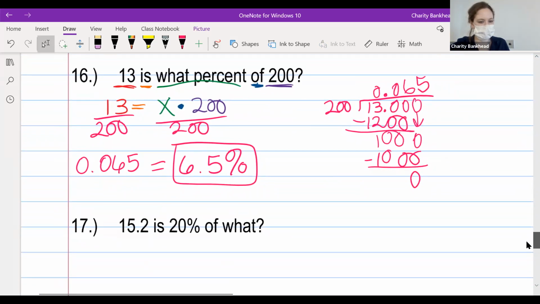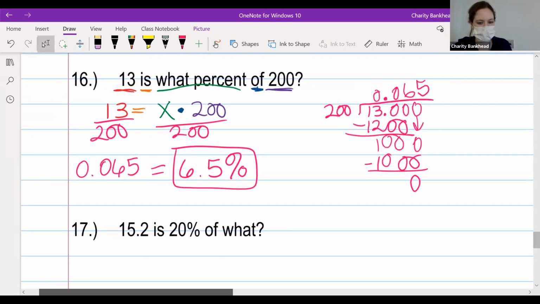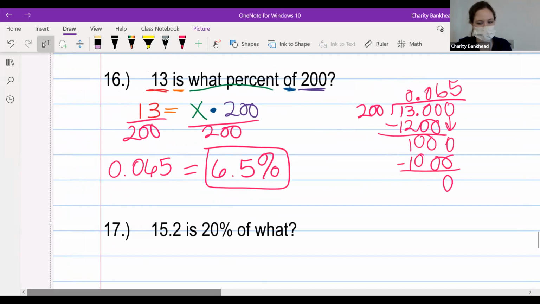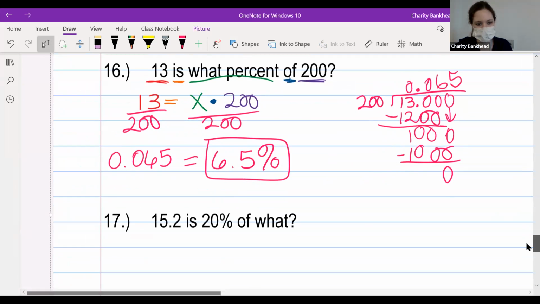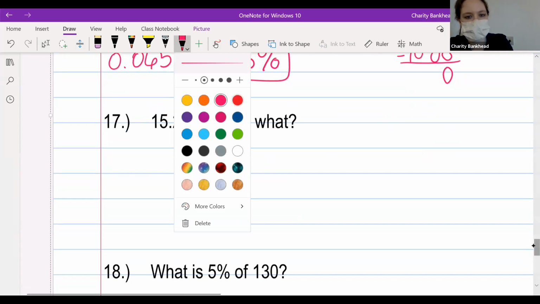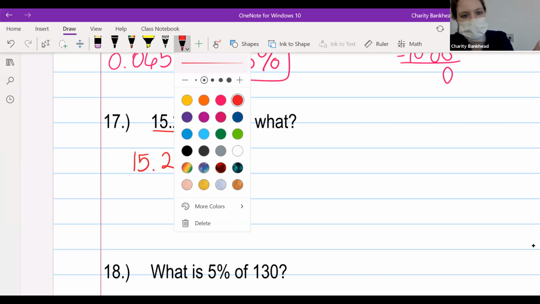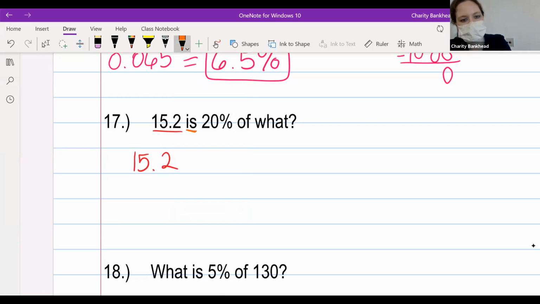Number 17 says 15.2 is 20% of what? So again, I would just translate this directly into an equation. So I write down 15.2. And then where it says is, that translates into equals.